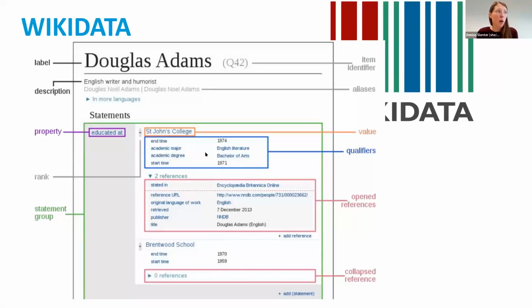There are also some qualifiers to describe where the data is coming from or give more detailed information. So in this case, you want to know from which time period this person was located at this school. And where the information is coming from is added in references.